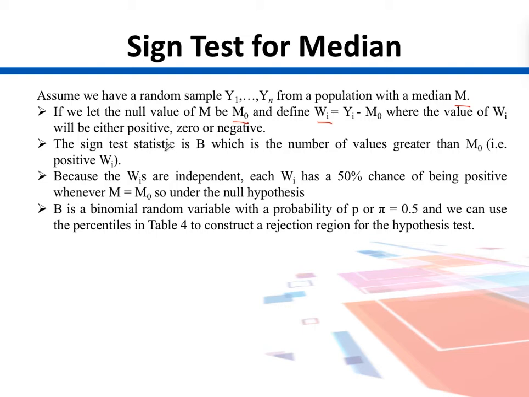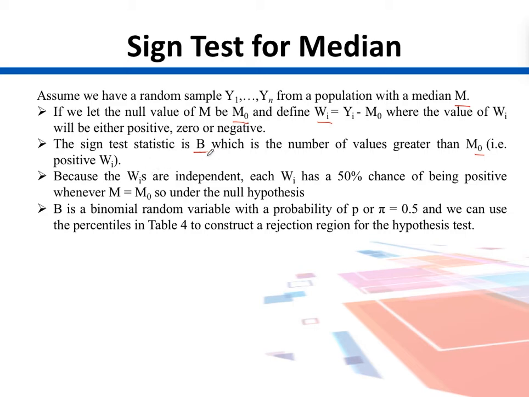And the sign test statistic we define is b, which is the number of values greater than m naught, that is the positive values. Since we are doing this as a one-tail to the right test, we are looking for those positive W's.